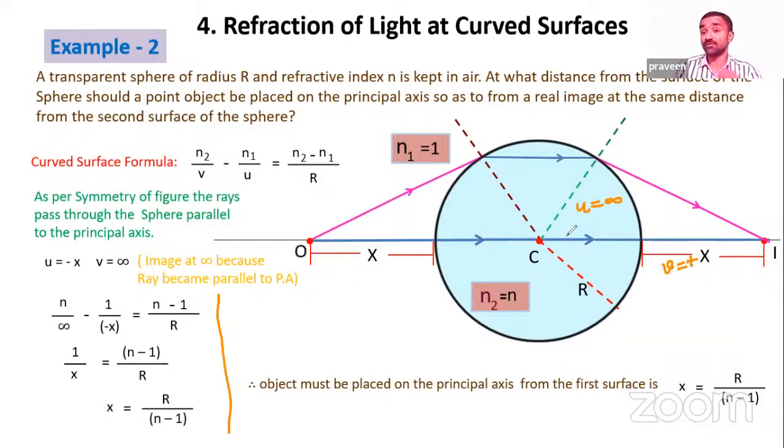Then the first medium is the sphere, so N1 is equal to N, and N2 is air, so N2 is equal to 1.